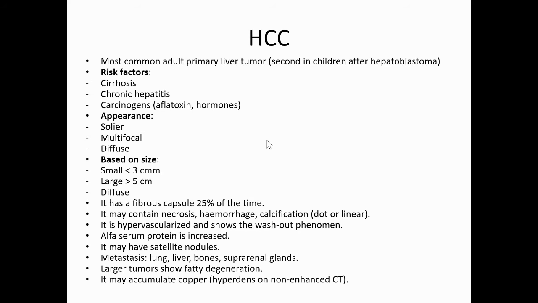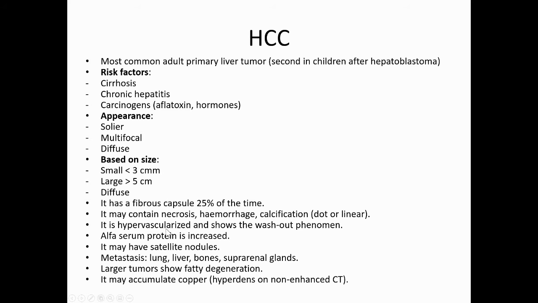And now we have arrived back to HCC. Well, not back to HCC, because before I just talked about cirrhosis, but cirrhotic patients usually develop HCC. That's why it's such a common tumor type. As written here, cirrhosis is a risk factor. It can be either solitary, multifocal, or diffuse, and it tends to have a fibrous capsule. It can contain hemorrhage and necrosis if it's a fast-growing lesion.